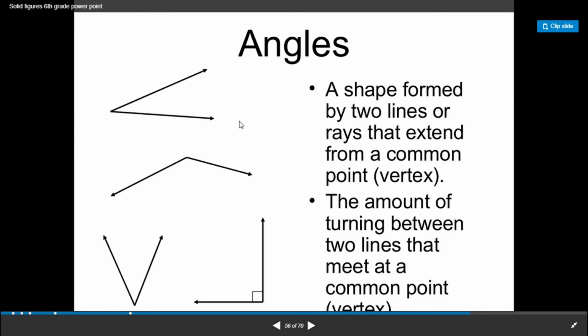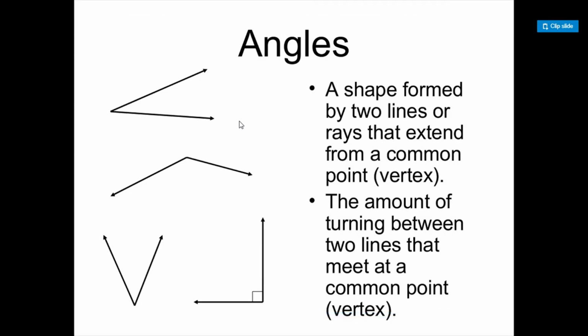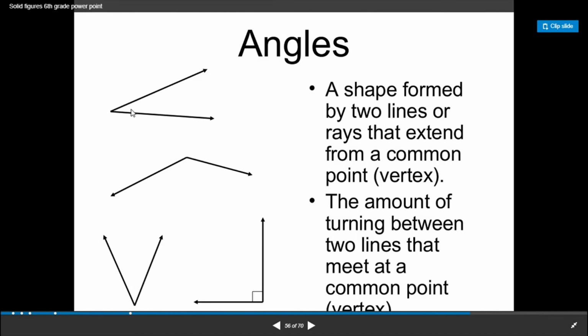We have also angles. An angle is a shape formed by two lines or rays that extend from a common point, or common vertex. The amount of turning between two lines that meet at a common point is what we call the angle. So this is an example of an angle.